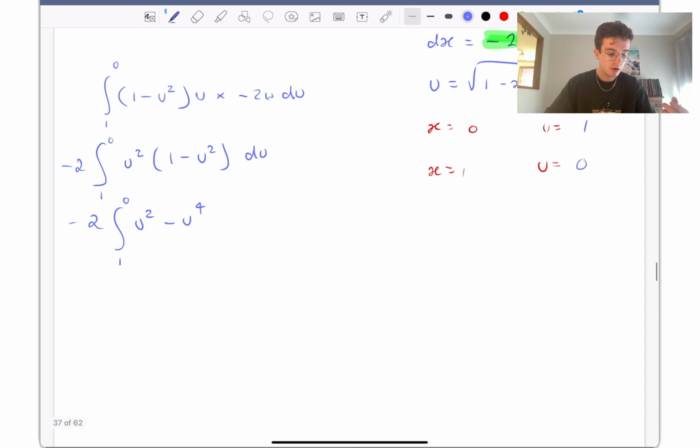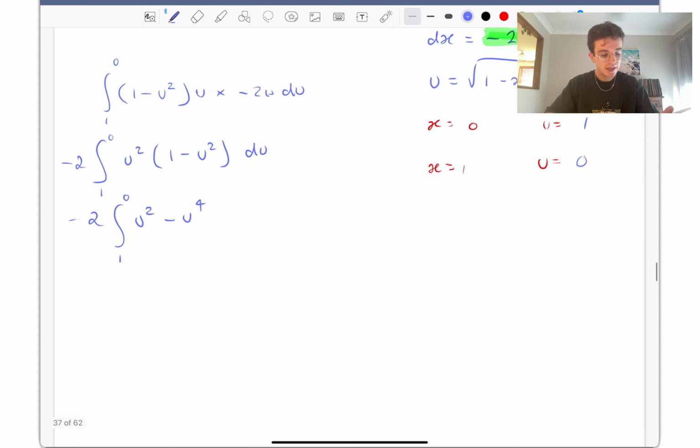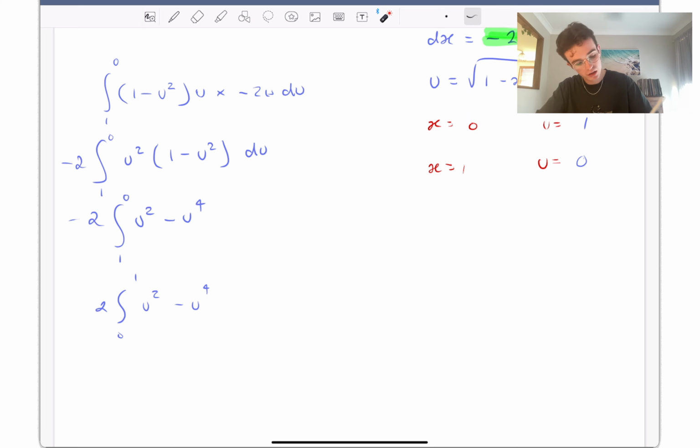You might think, we're not allowed to have a larger number on the top. Well, we actually are, but what we can do is flip the bounds upside down and make it a negative. So if I flip the bounds upside down, 0 to 1 of u squared minus u to the power of 4, this negative out the front dies, and we have 2 times the integral from 0 to 1 of u squared minus u to the power of 4.